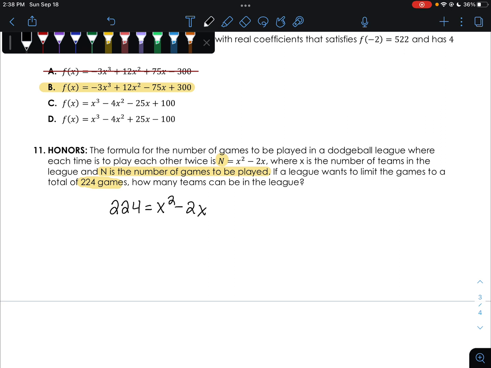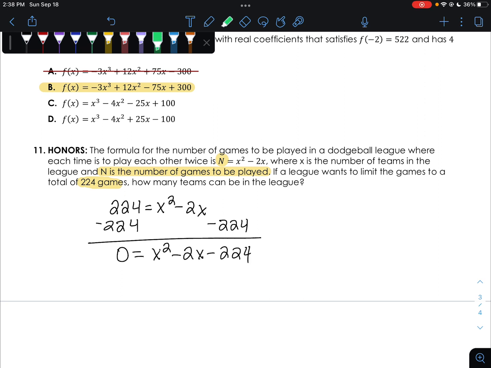I'm going to move the 224 over to the other side so I can have it set equal to 0. So I'm going to subtract 224, and I get 0 equals x squared minus 2x minus 224. Now I can go ahead and graph it and find the zeros.